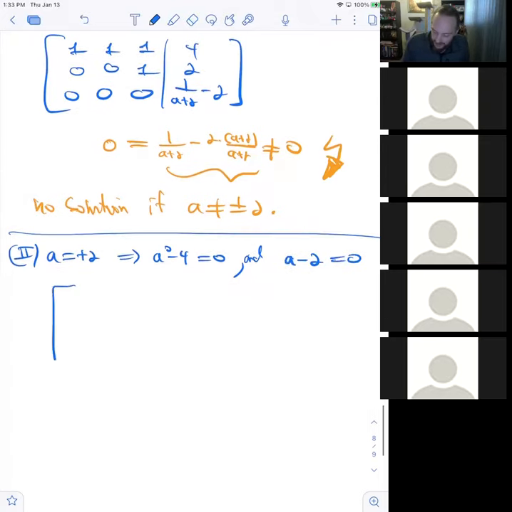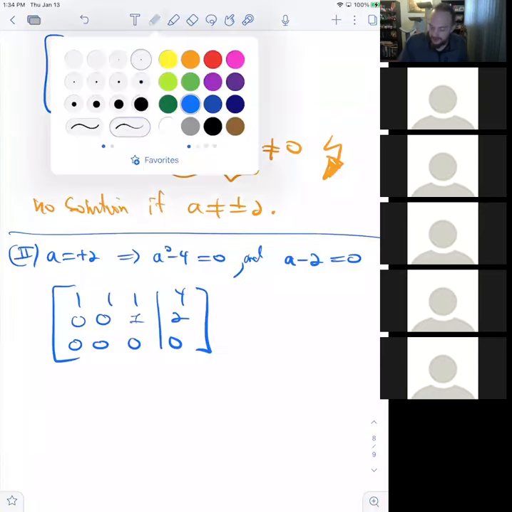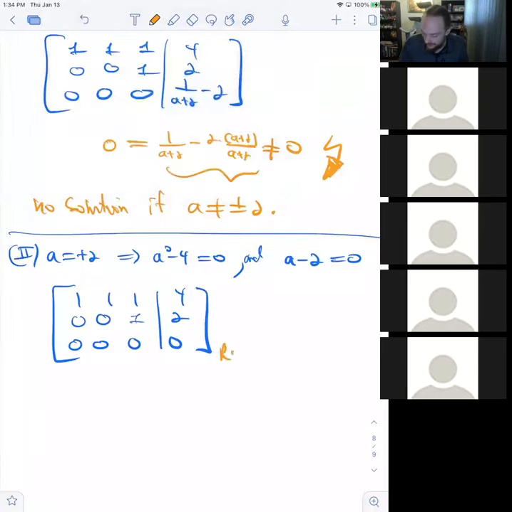So we get the augmented matrix 1, 1, 1, 4, 0, 0, 1, 2, 0, 0, 0, 0. This is an REF. And so we have infinitely many solutions.